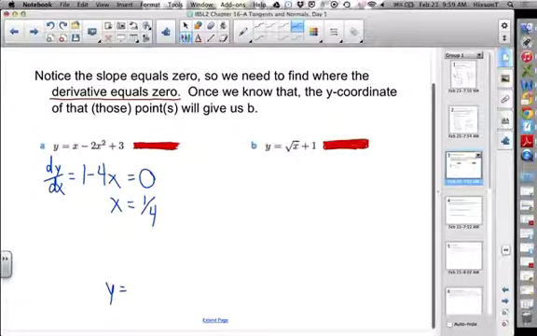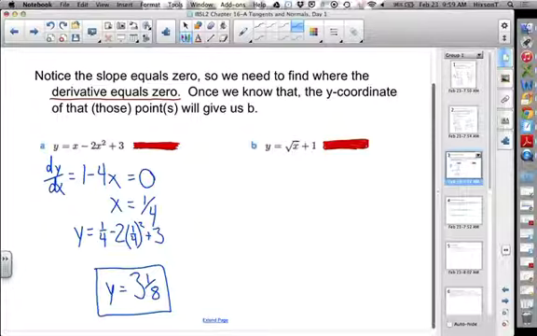So you plug it back into the original function. y equals 1/4 minus 2 times 1/4 squared plus 3. If you work that out, you get 3 1/8. So that is the equation of that horizontal tangent. We also now know the max point on this parabola is the point 1/4, 3 1/8.